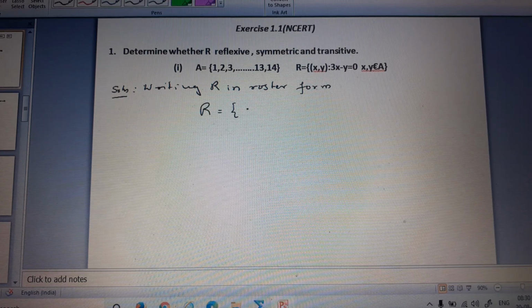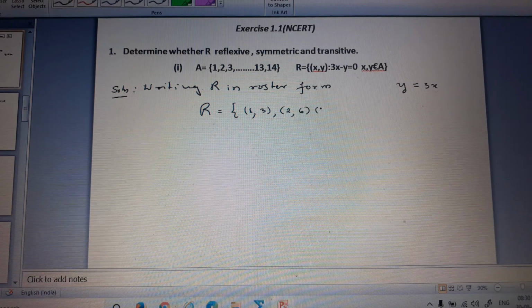R equal to, see first, the condition is 3x minus y equal to 0, which means y equal to 3x. Now I have to substitute x, since A contains 1, 2, 3 up to 14. For example, when x is 1, y is 3. Then x is 2, y is 6.